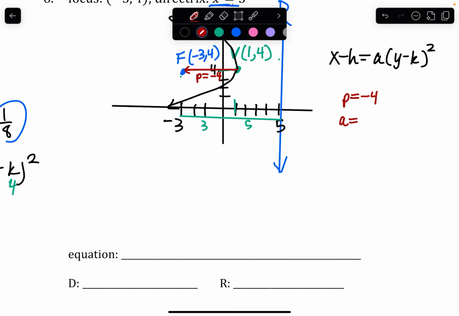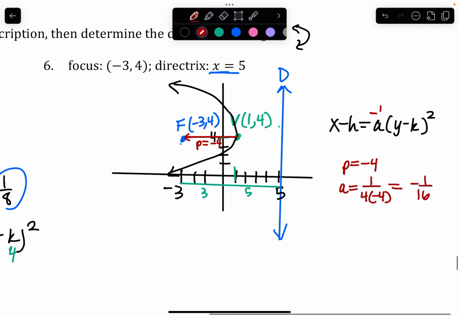And so a equals 1 over 4p, which is -4, giving me -1/16 for the a. Our h is 1, our k is 4.